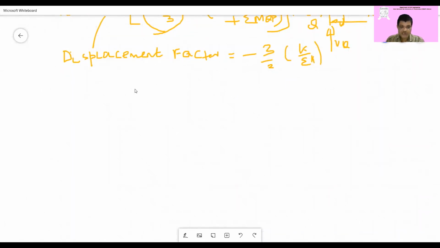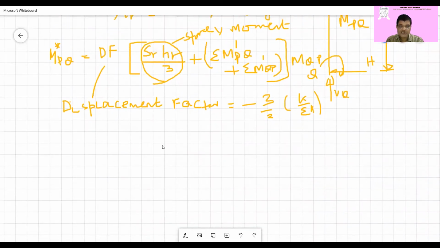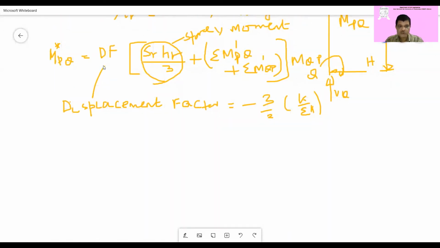Now the displacement contribution can be calculated. What is the displacement contribution now? The displacement contribution to the column is equal to the displacement factor DF times the story moment. So what is the total displacement factor in a story? It is minus 3 by 2, so minus 1.5. Now discuss three things.